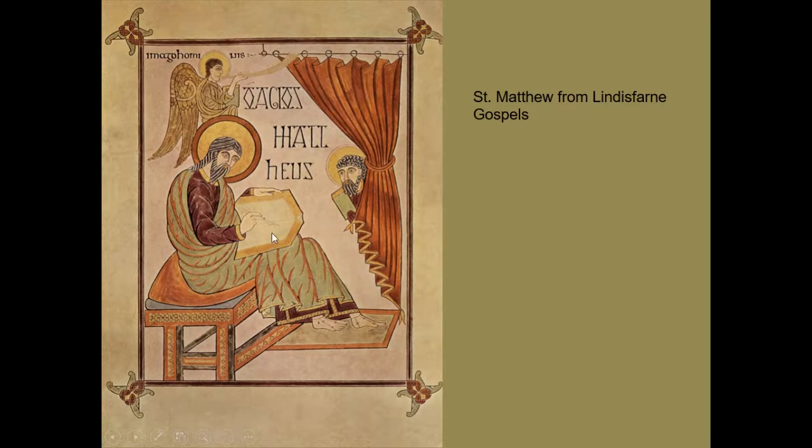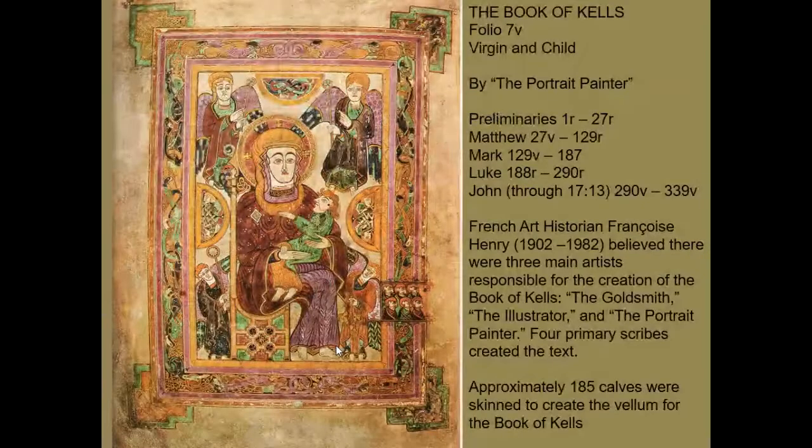The odd angles of the knees and shins and placement of the feet here has very little to do with observed anatomy, but the emphasis again is really placed on recognizing the symbolic images. So associating the apostle, the evangelist, with the evangelical symbol that represents that person is more important than making something look anatomically perfect. Certainly that's the case here.